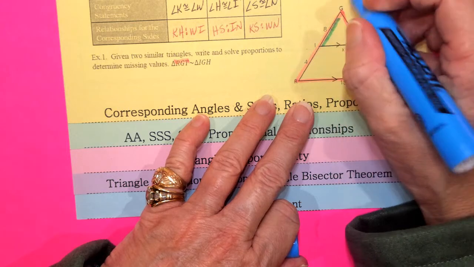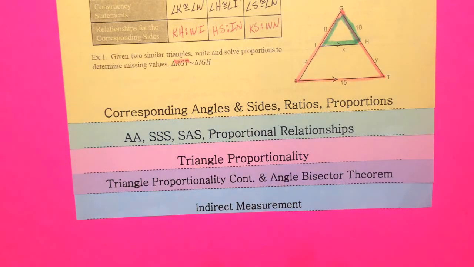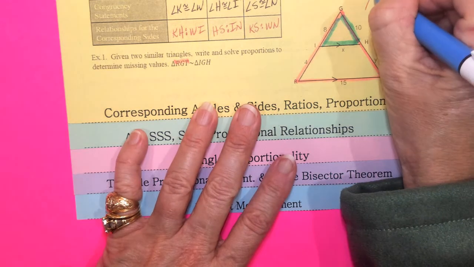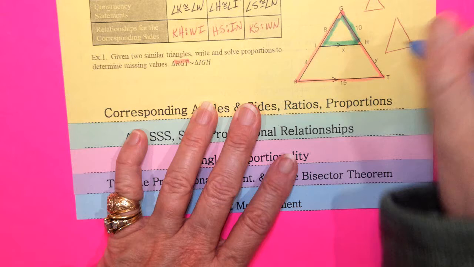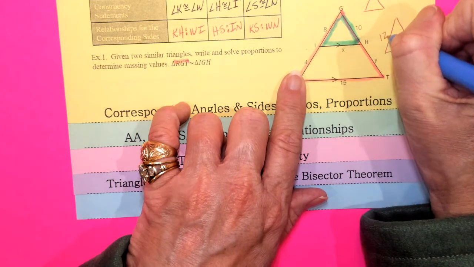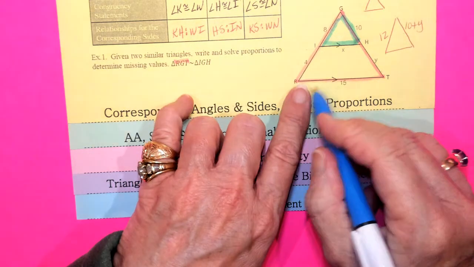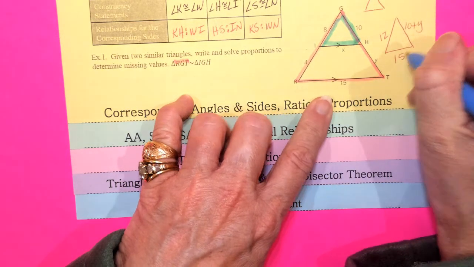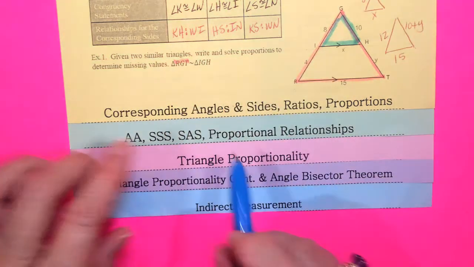They want to know if those are similar and how to solve. For some people, it's going to be easier to redraw both triangles to really clearly see that the sides of the large one, 8 plus 4 is 12, 10 plus y is that side. This is 15. And up here we have an 8, a 10, and an x.